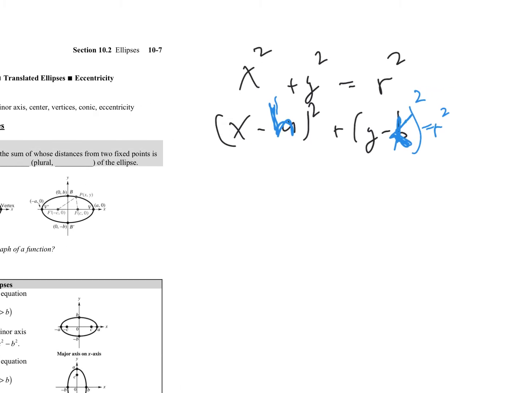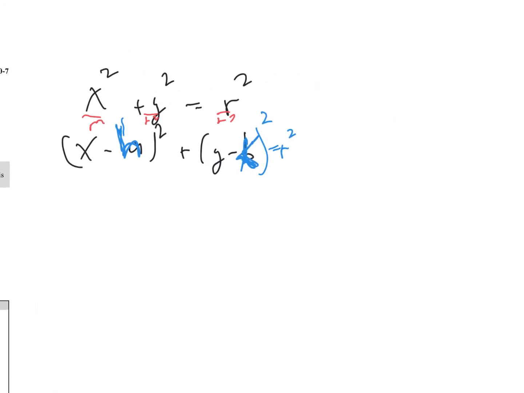But look what happens on either of these problems. If you divide everything by r squared, look what it turns into. It turns into x squared over r squared plus y squared over r squared equals 1.